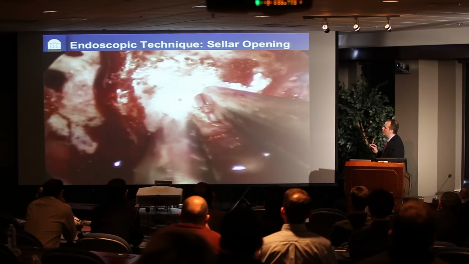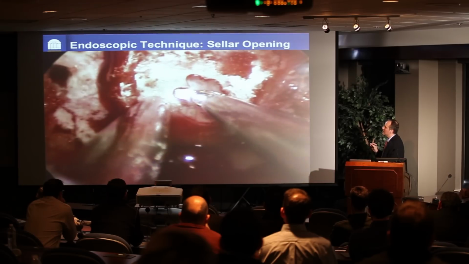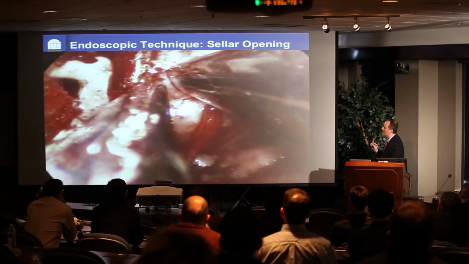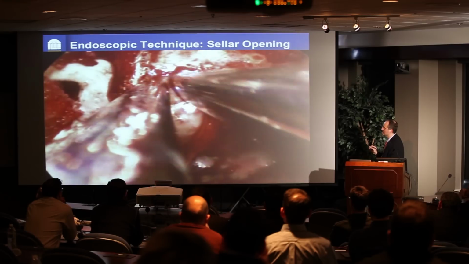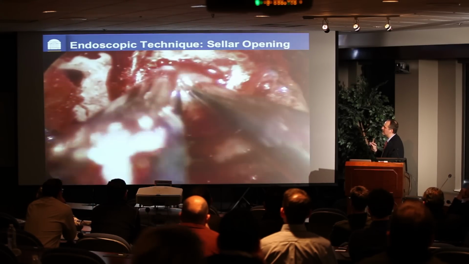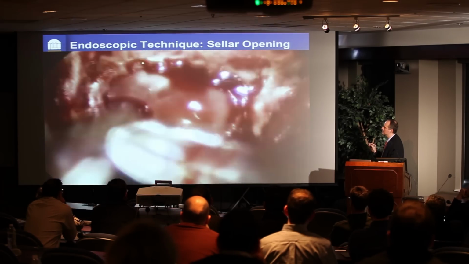But as you are opening the dura, or opening the bony sella, it is important to do your bony exposure high enough and laterally enough. And you will see a reflection of the dura as you go superiorly. You should look for that reflection.